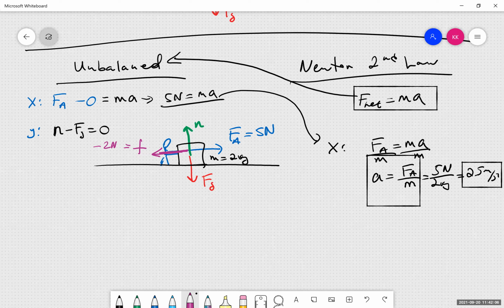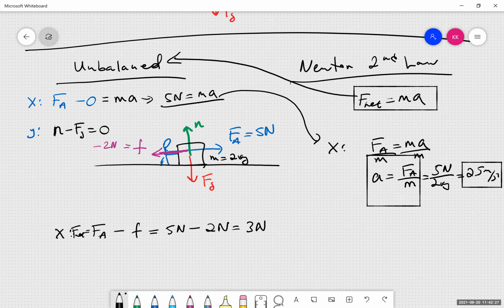In that case, in the x direction, I'm going to have applied force, positive to the right, minus friction, negative because it's to the left, equals F net. So this is going to be 5 newtons minus 2 newtons. Now I get only 3 newtons.